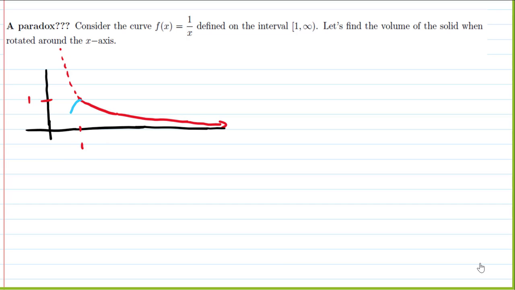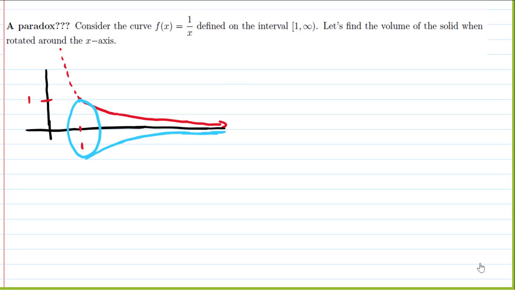So we get something that looks like this. So it looks kind of like a trumpet or something, right? Or like a long horn of some sort. And we want to find its volume.